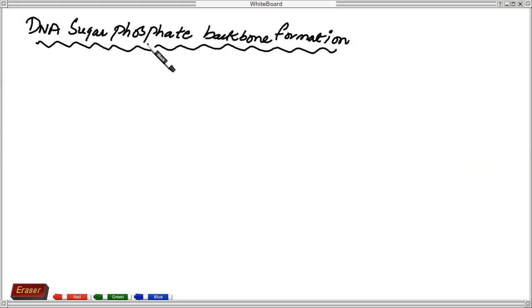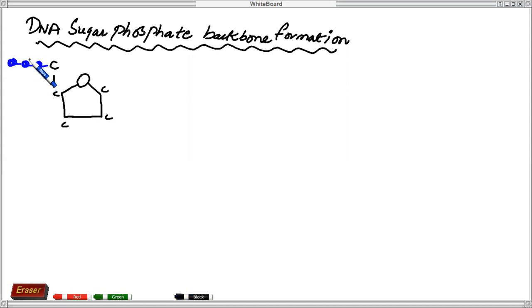So the nucleotide structure we had discussed: 5 carbon sugar, and it has got 3 phosphate molecules, and here the nitrogenous base.